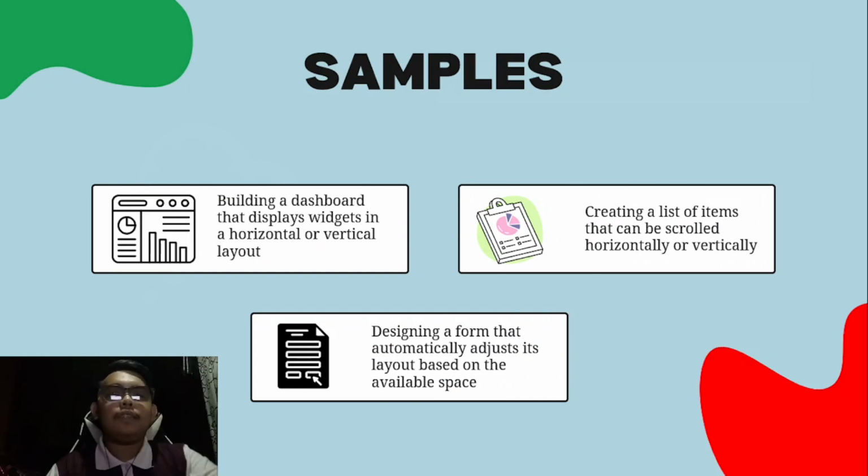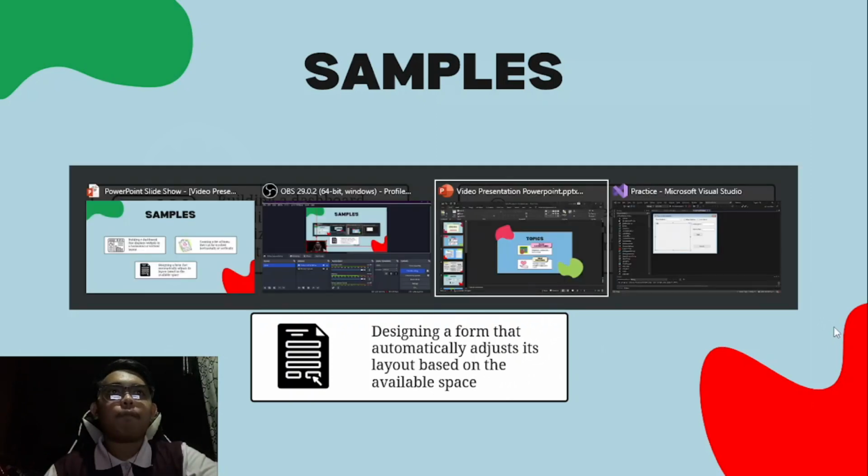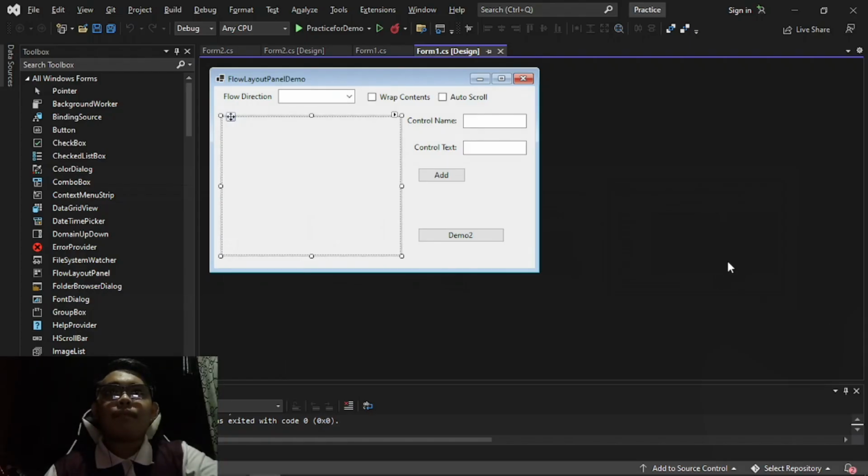Before we proceed to the conclusion, let us first show a demo of the flow layout panel itself. So this is a sample demo program that I have created with the help of some research on YouTube and other sources.